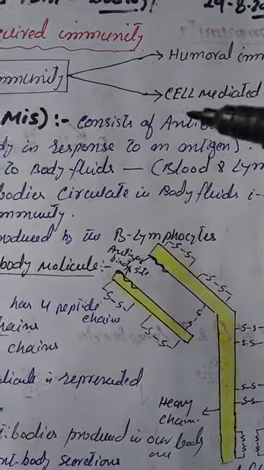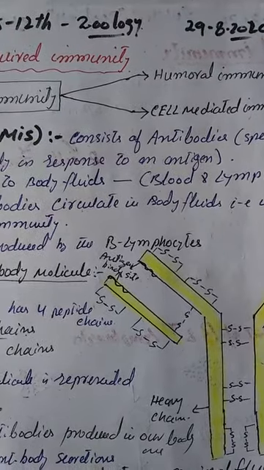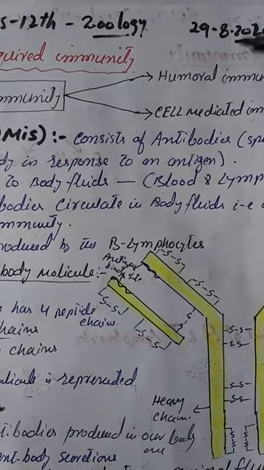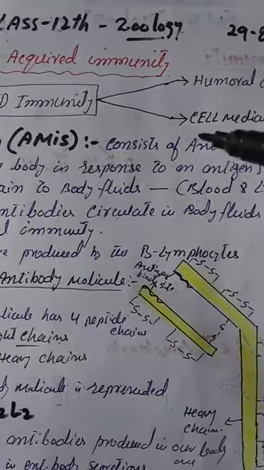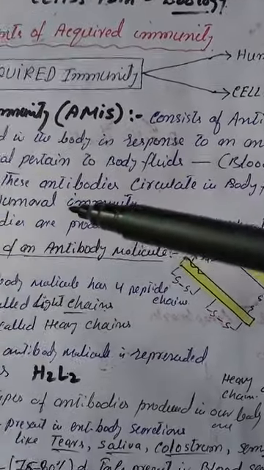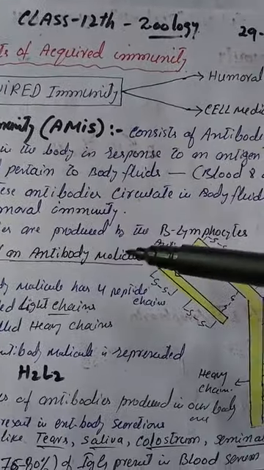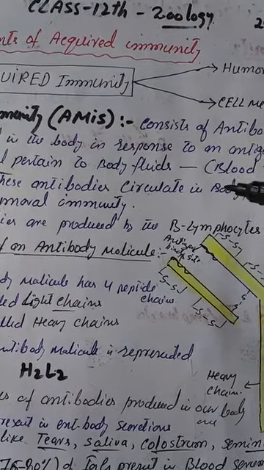Since these antibody molecules remain circulating in the body fluids, this type of immunity is also called humoral immunity. These antibodies are actually produced by the B lymphocytes, as we discussed in the previous topic.